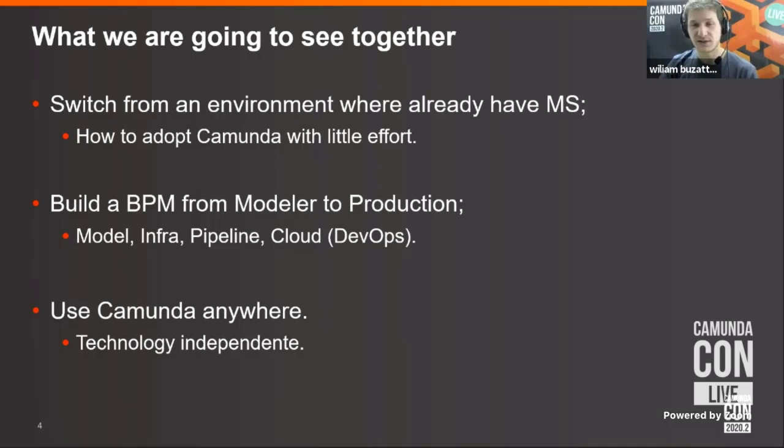We are going to see the infra code, the pipeline, and DevOps, because DevOps is cool, right? And as part of this journey, we will see that Camunda can be technology independent. That is fantastic, and that's the reason that I fell in love with Camunda.